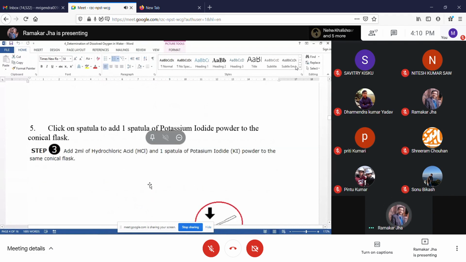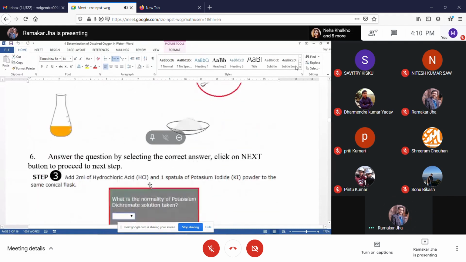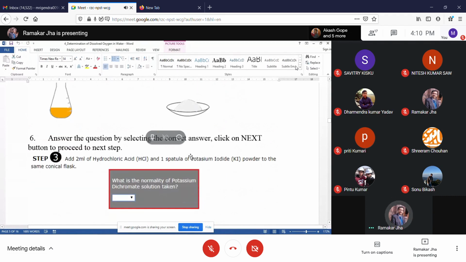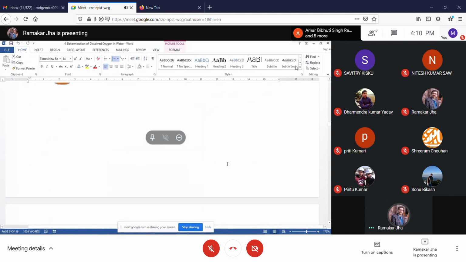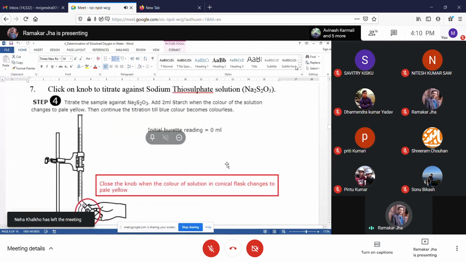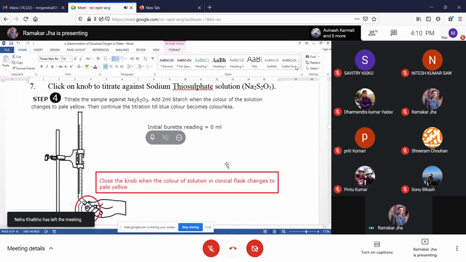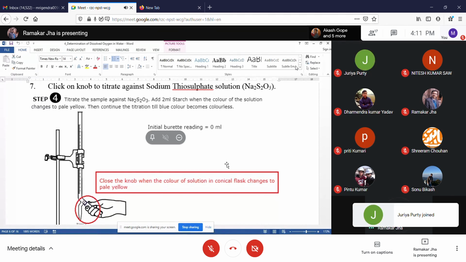Now once we added this spatula of potassium iodide, what is the normality? After that we do the titration, because we have sodium thiosulfate in the burette. Before or during the titration we can add 2 ml of starch when the color of the solution changes to pale yellow.